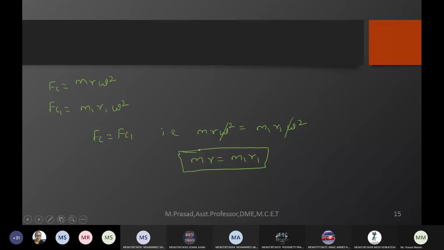Now let us go to the second case: balancing of a disturbing mass rotating in different planes.